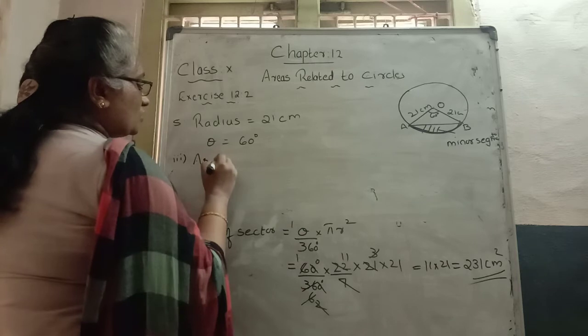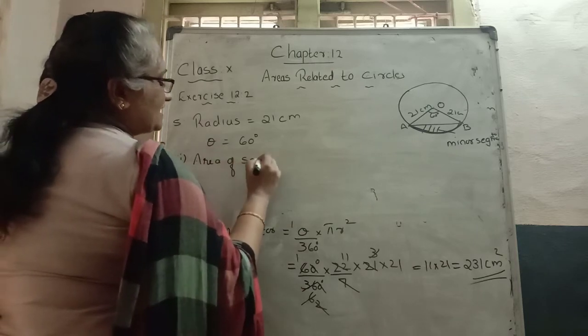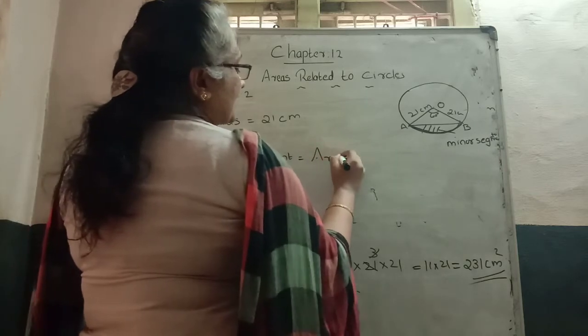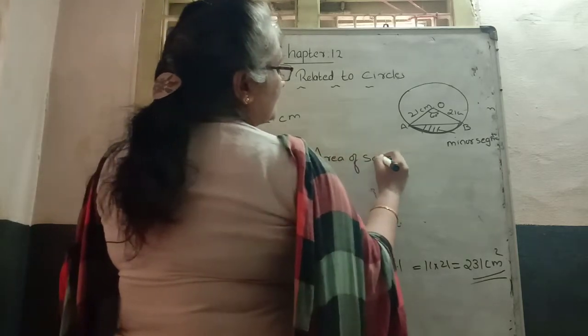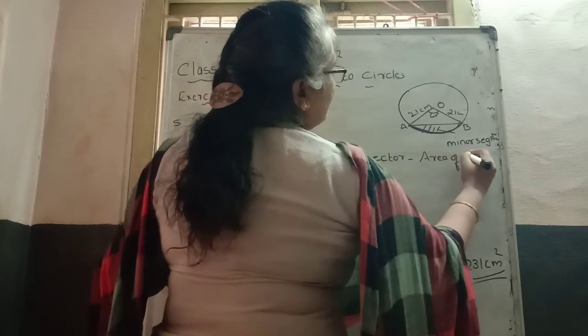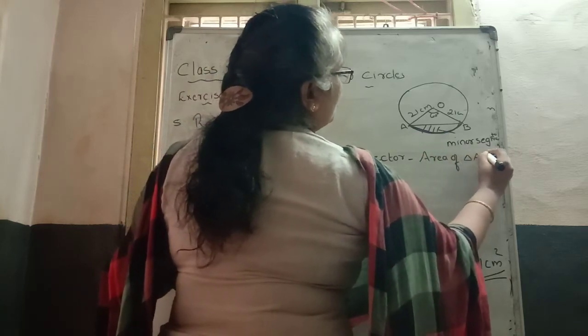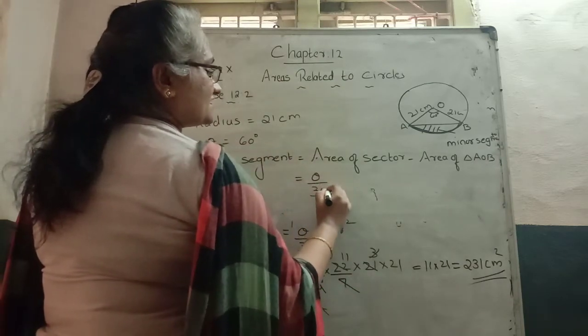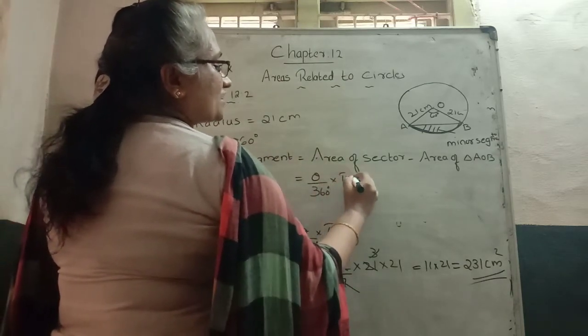So area of segment is equal to area of sector subtracted with the area of triangle. Which triangle? Triangle AOB. Then area of sector, what is the formula? Theta by 360 into pi r square is the formula.